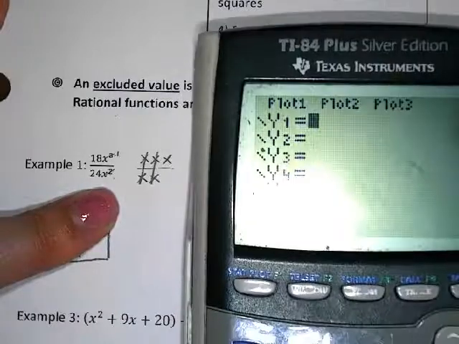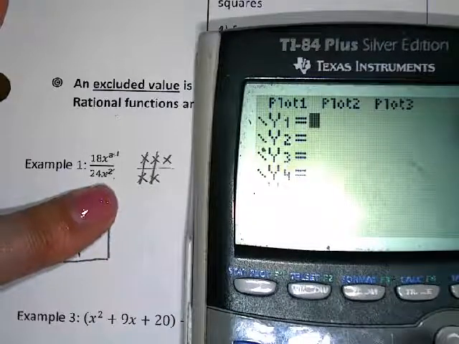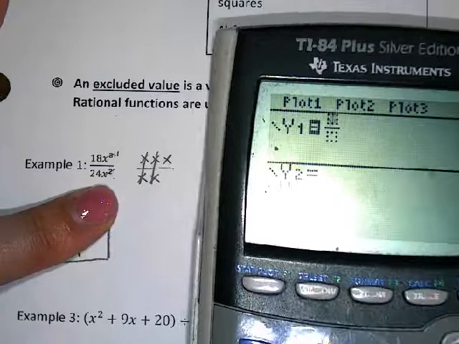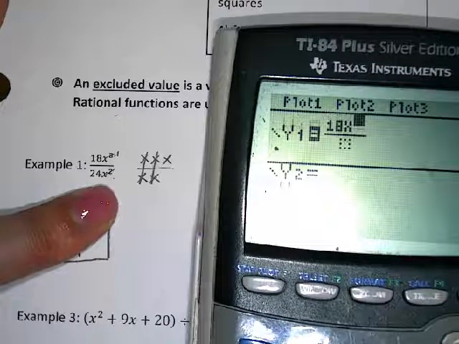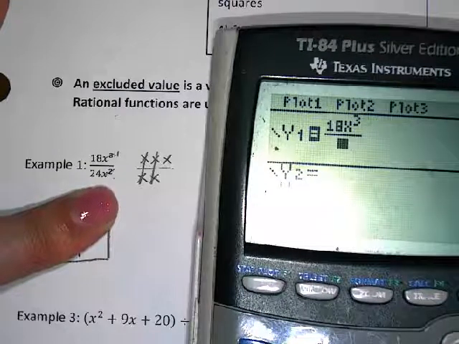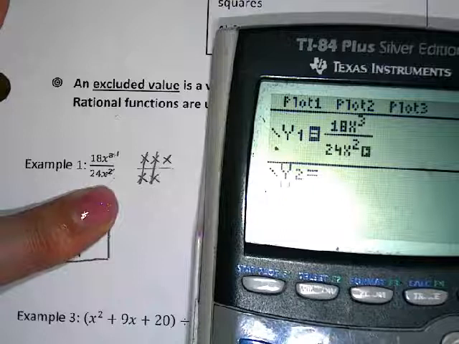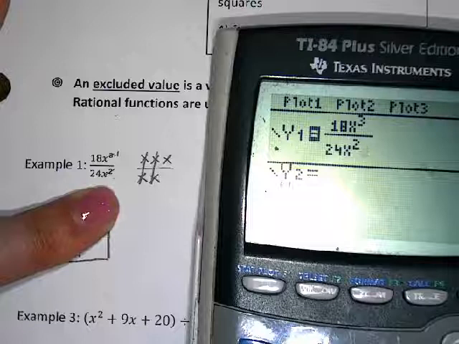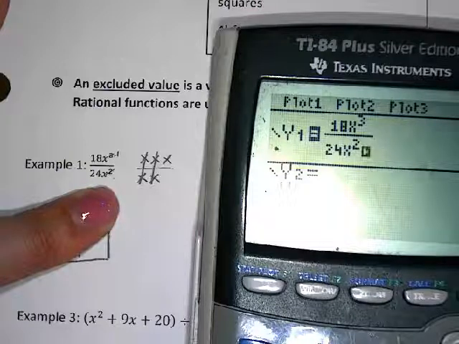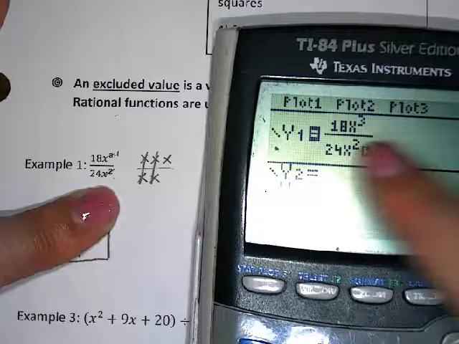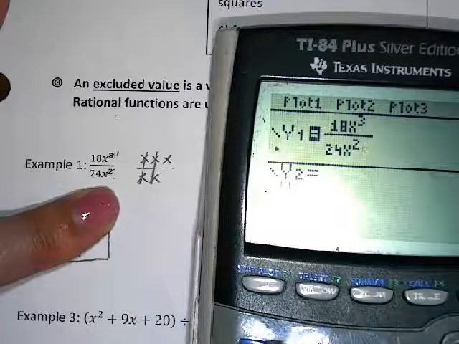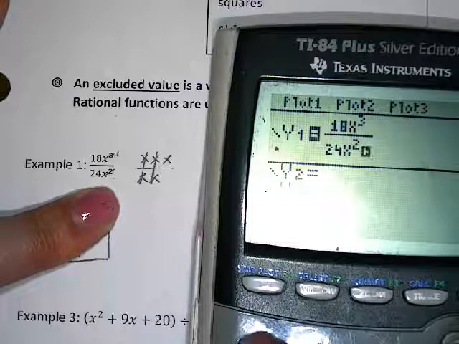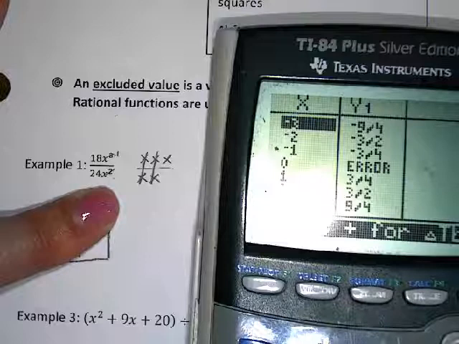So 18x to the third, alpha, y equals. So 18x to the third over 24x squared. And then if you hit second graph, you can see that this one has an error message at 0.